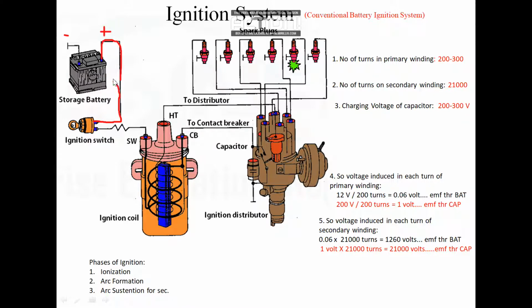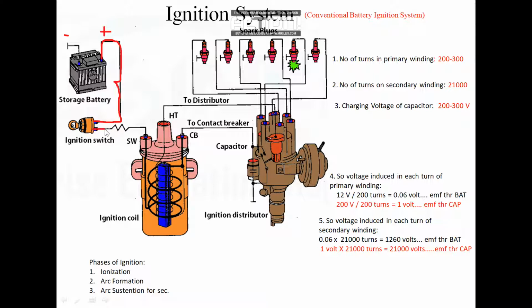Whenever this kill switch is open, the current flow from the battery source to the further subsystems is terminated. Now we are making it close. Now current is flowing through the battery positive terminal into the ignition switch. The ignition switch is further connected to this resistor, called a ballast resistor.